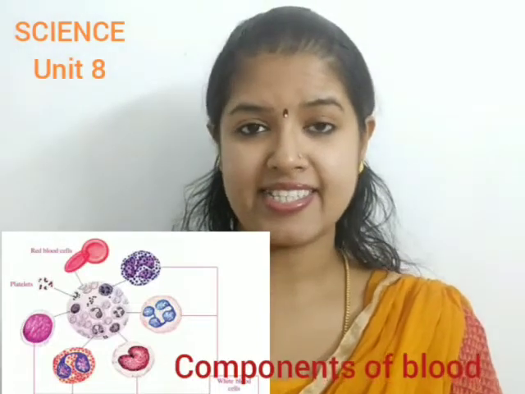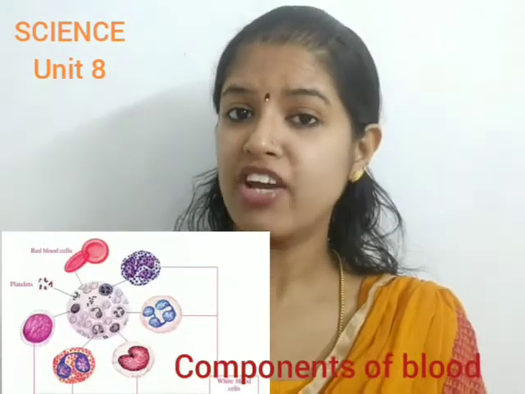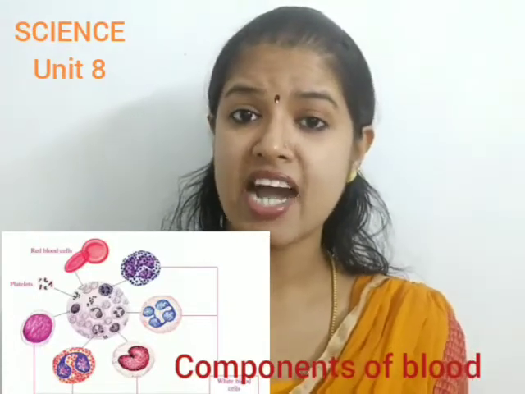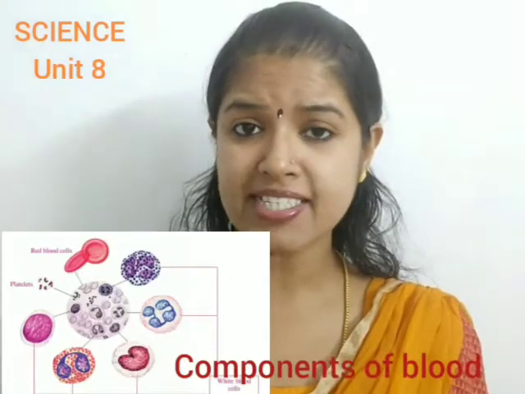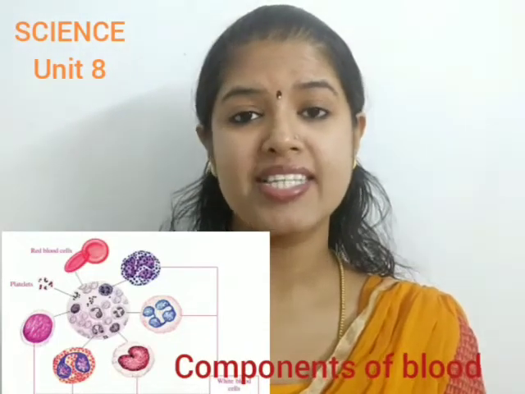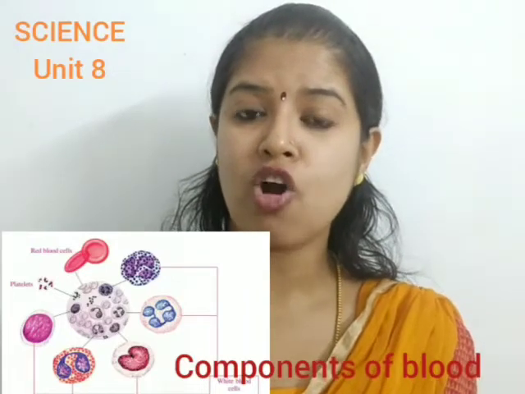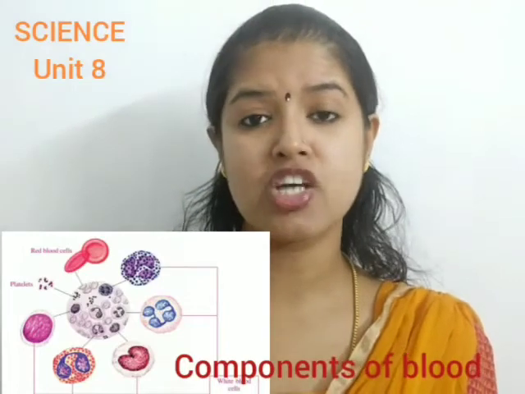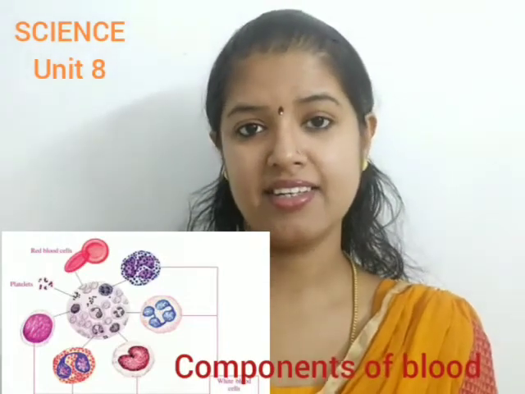Then platelets. When you get a wound or any injury, the blood starts flowing from the wound, right? And after some time the blood flow will stop and it will turn to a clot. This is due to the presence of platelets.